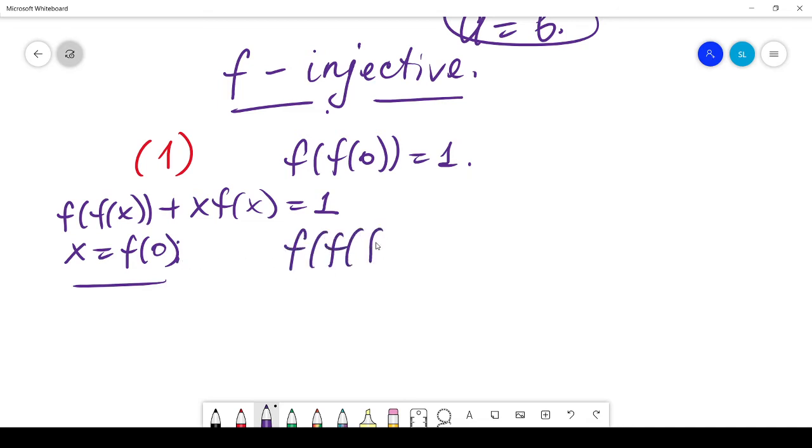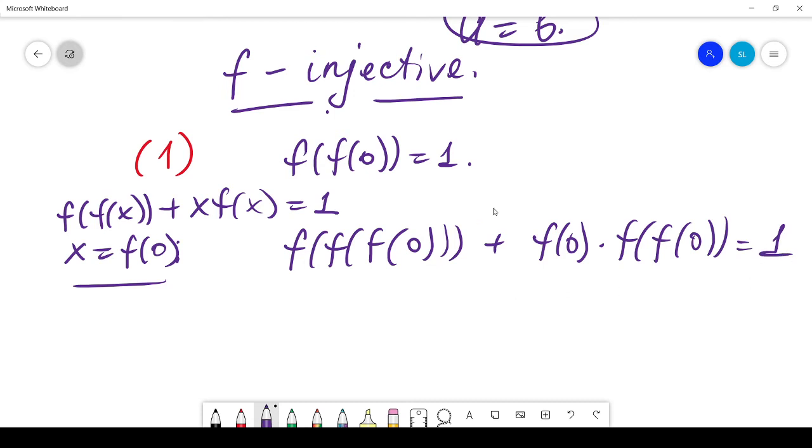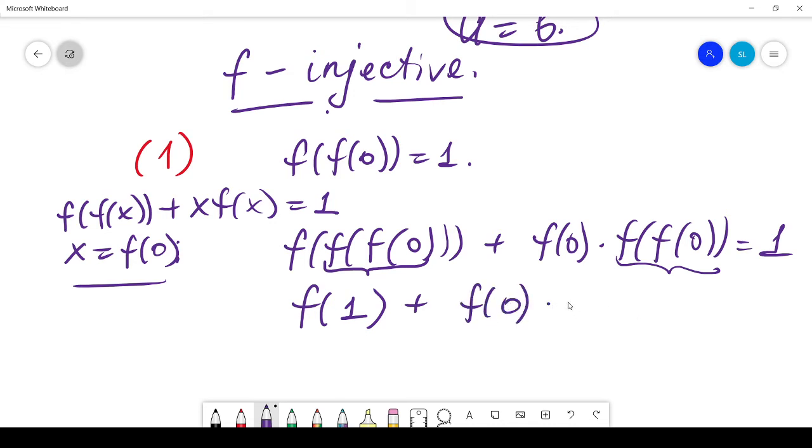There is f of 0 plus f of 0 times f of 0 equals 1. This is 1, and this is 1. So we have f of 1 plus f of 0 times 1 is equal to 1. In other words, f of 0 plus f of 1 is equal to 1.